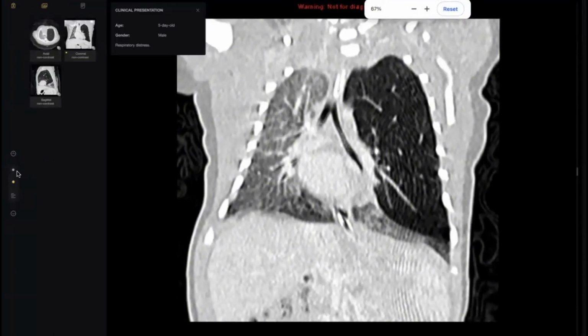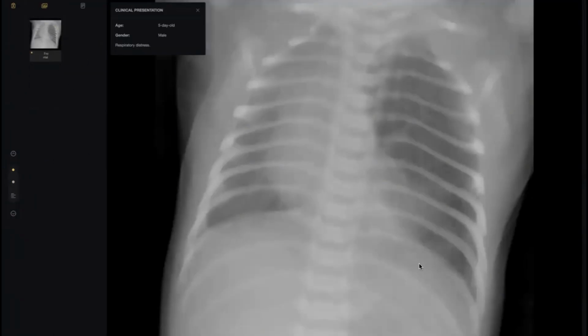The X-ray shows hyperlucency plus shifting to the contralateral side. Which pathology is related to hyperlucency with contralateral shifting? The foreign body or congenital lobar emphysema.